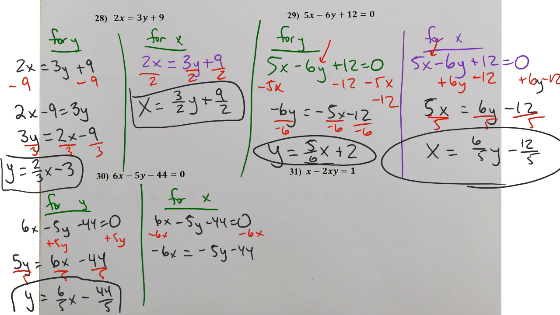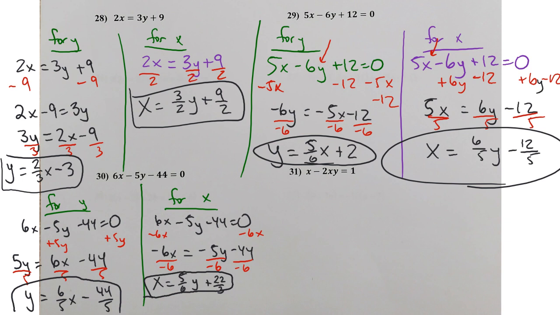Now I'm going to divide by negative 6. Just remember if you do it this way that you're dividing everything by negative. So I have x equals 5/6 y, and actually, I'm going to simplify that into 22 over 3. That's dividing the top and bottom by 3 of that fraction.